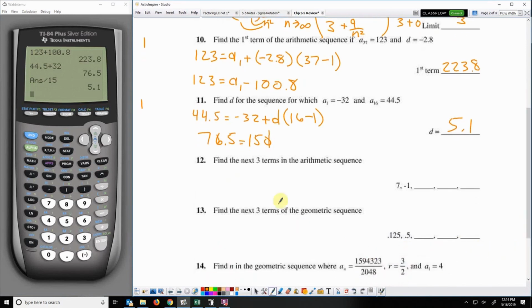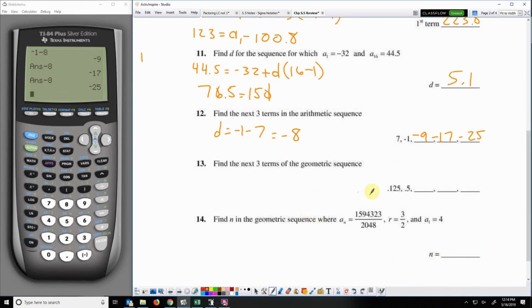Next 3 terms, and it is geometric. Okay, so, it is arithmetic. So negative 1 minus 7 will give me the common difference, and that is negative 8. So we're subtracting 8, so negative 1 minus 8, minus 8, minus 8. So those are my next 3 terms: negative 9, negative 17, negative 25.